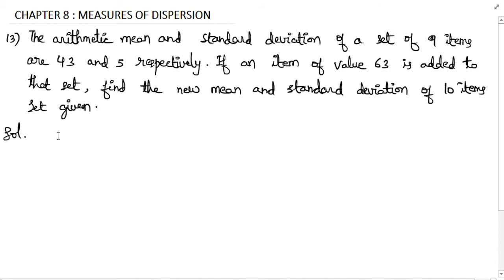The mean and standard deviation of a set of 9 items are 43 and 5 respectively.